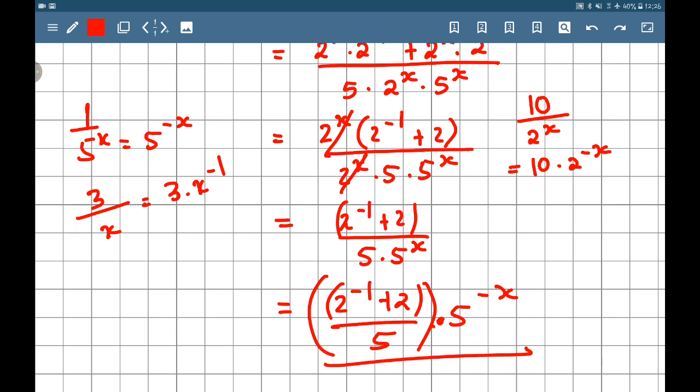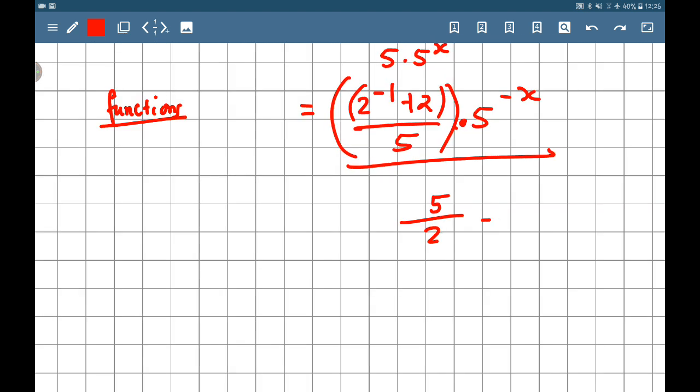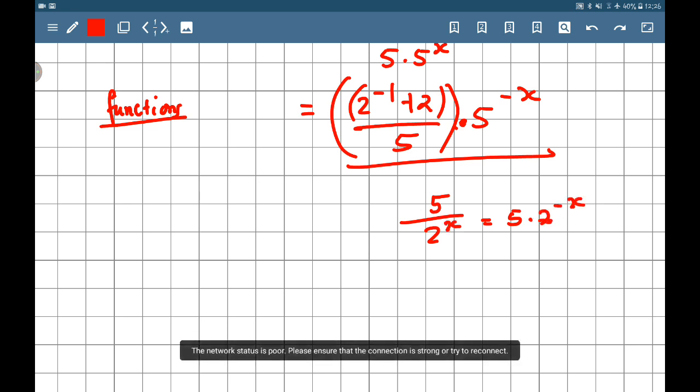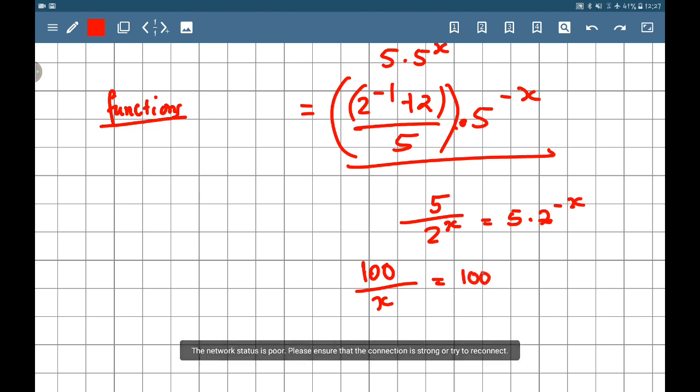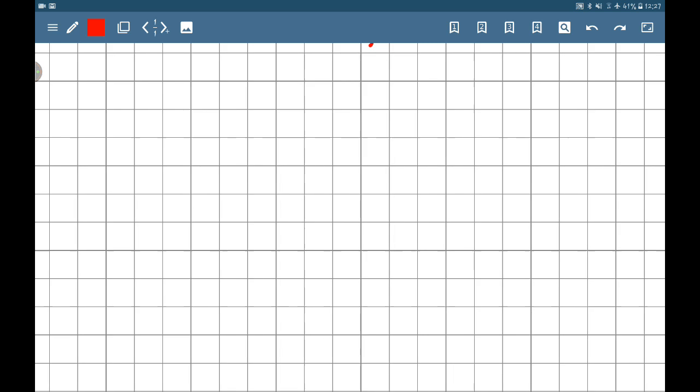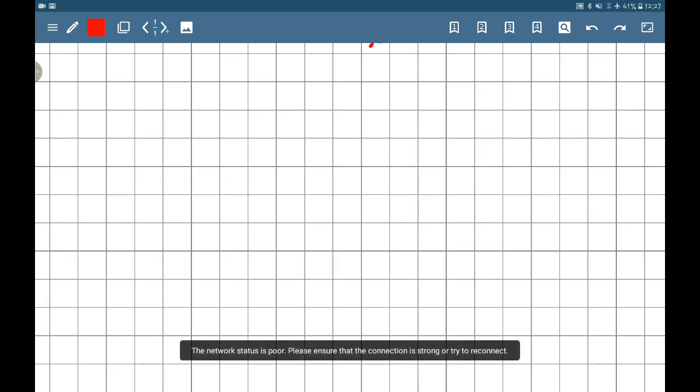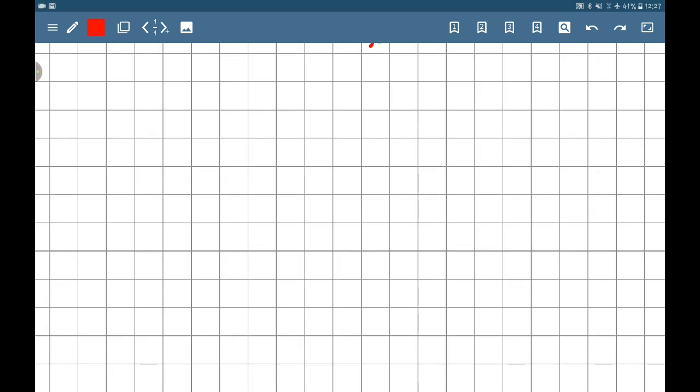Is it making sense? If you have 5 over 2 to the power x, this is the same as 5 multiplied by 2 to the power negative x. Are we clear? So if we have 100 over x, this is the same as 100 multiplied by x to the power negative 1. You need to remember that all the time. Let's do question 2.